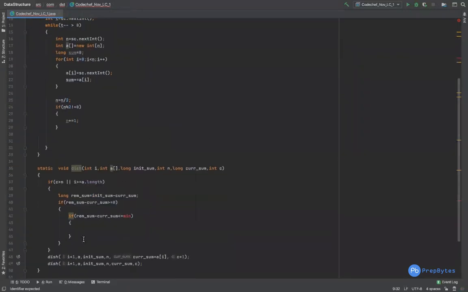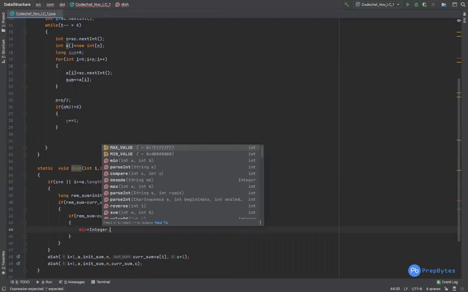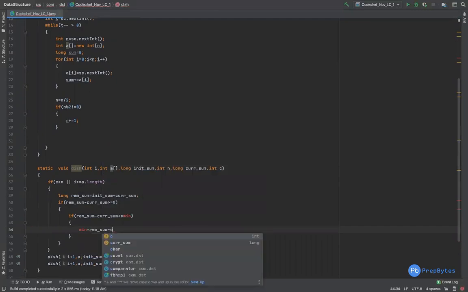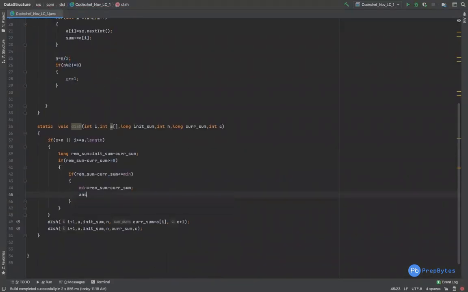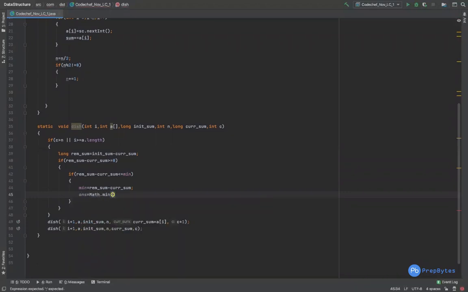If it is so, then I will put in min this value, sum minus current sum. Now where will I store my answer? The answer will be the max of this remaining sum and current sum.